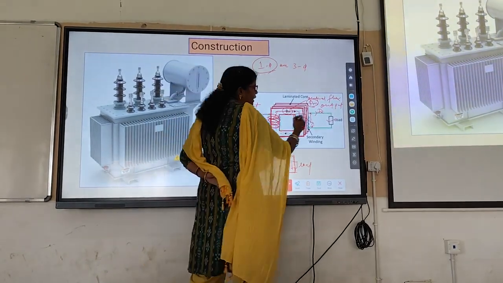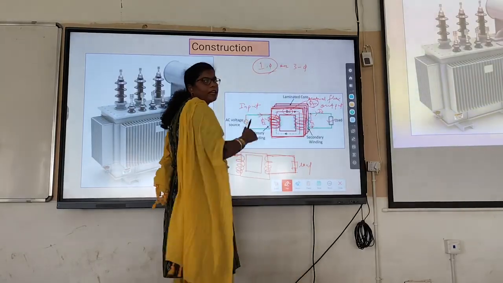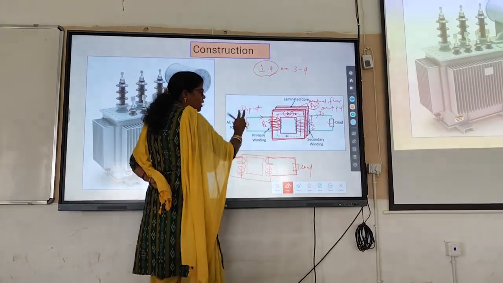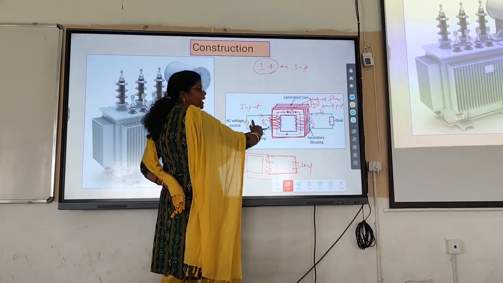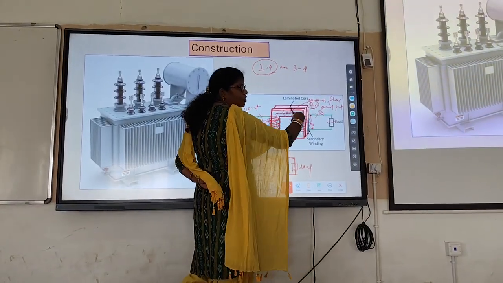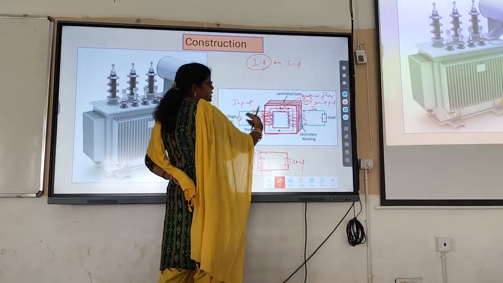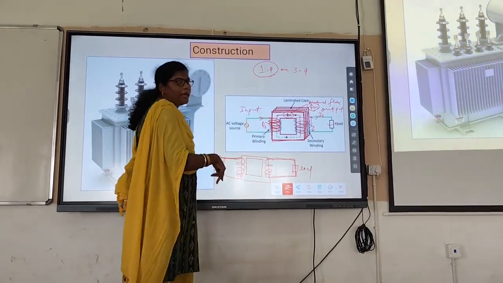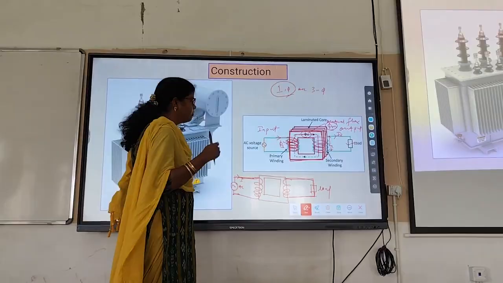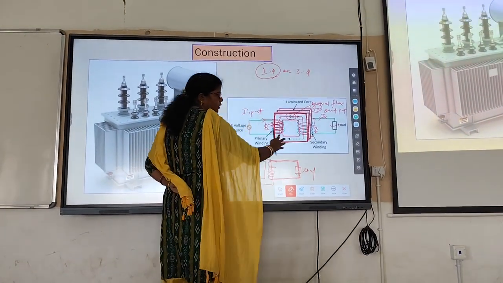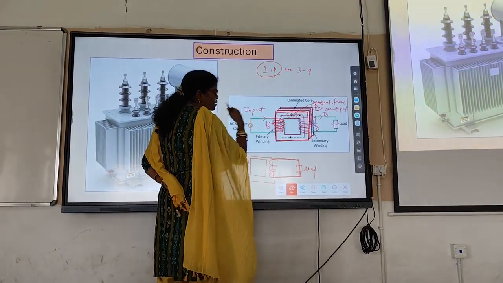So automatically this side we get the supply, meaning power from the primary side gets transferred to the secondary side. This is the working principle of a transformer, the first view of how the transformer works.